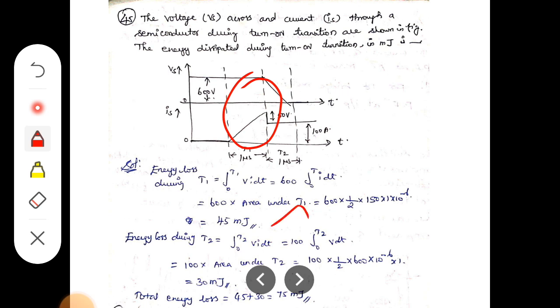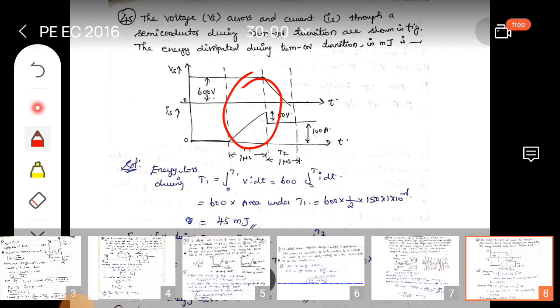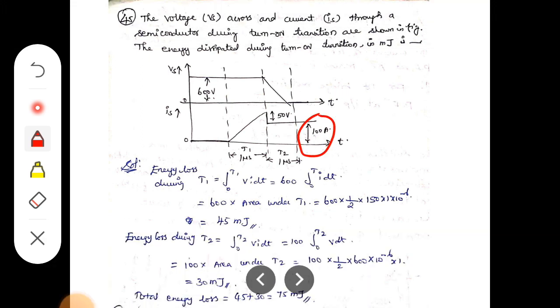Energy loss during T2, so in this period, the integral from 0 to T2 of Vi dt. The maximum peak I is 100, and the V value changes as a variable like this. Here the current is the same, but the voltage is variable. So that's why 100 times the integral from 0 to T2 of V dt.